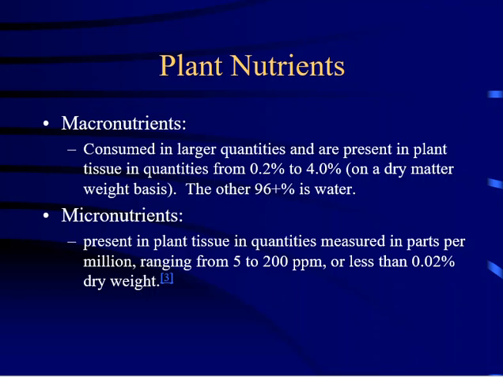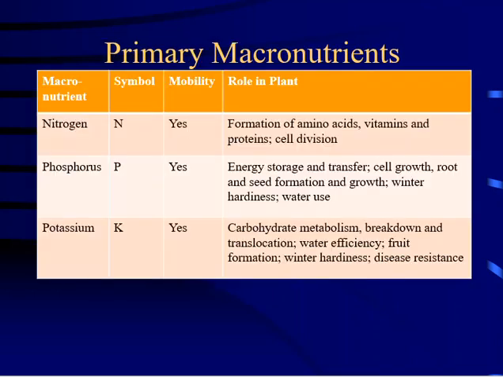Next few slides show some of the functions and mobility of these nutrients. So let's take, for example, primary macronutrients. These charts show you the macronutrient in the left column, the name of it, the symbol, and then the mobility, and then the function or role inside the plant. The mobility means if it can be moved around by the plant itself.